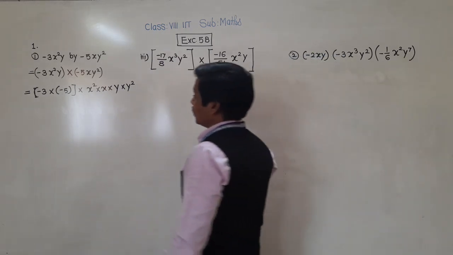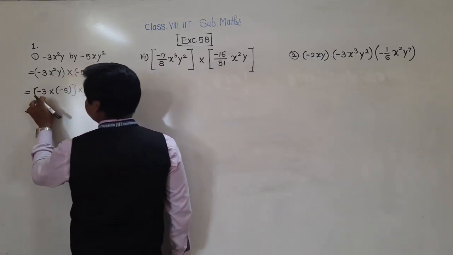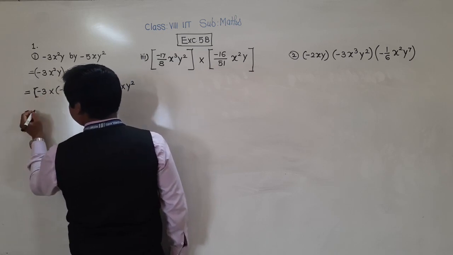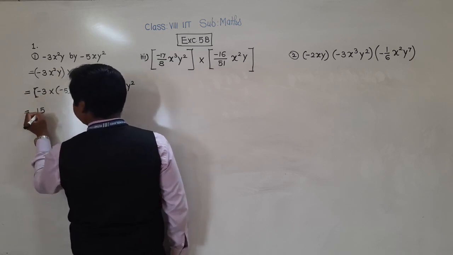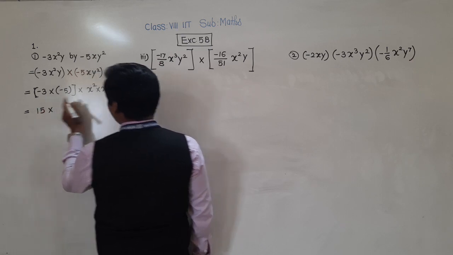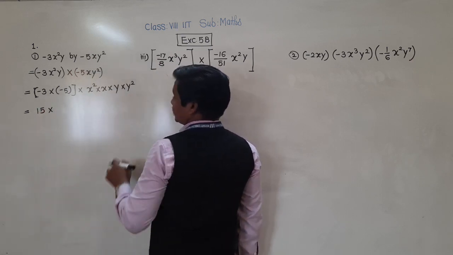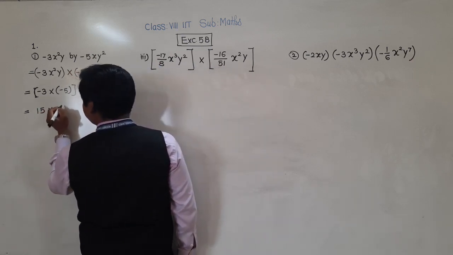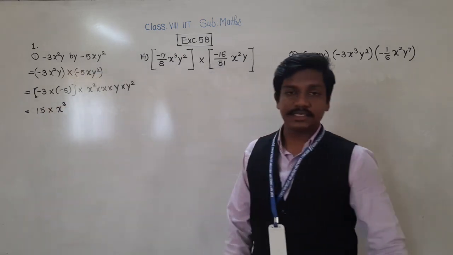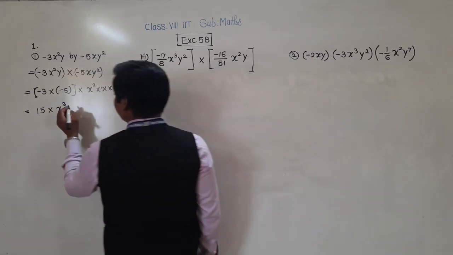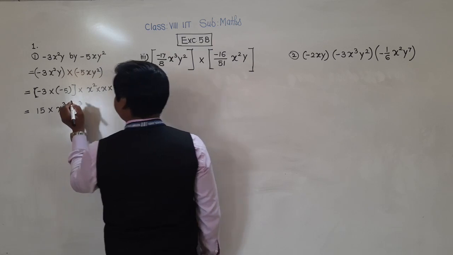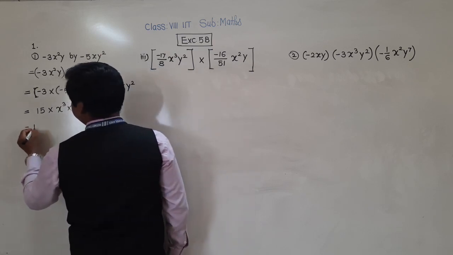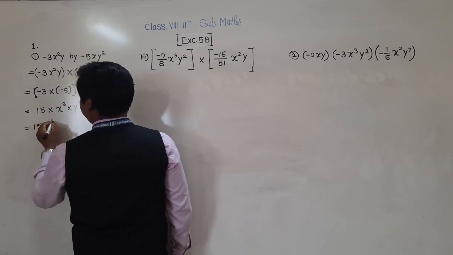Understood? Now see. Minus 3 into minus 5, minus minus gets plus. 5 threes are 15, correct? 15 into x square into x, x cube, and y into y square, y cube. So together it is 15 x cube y cube.